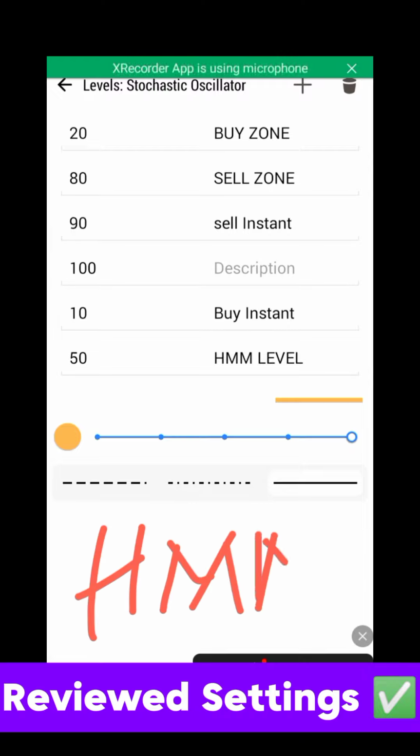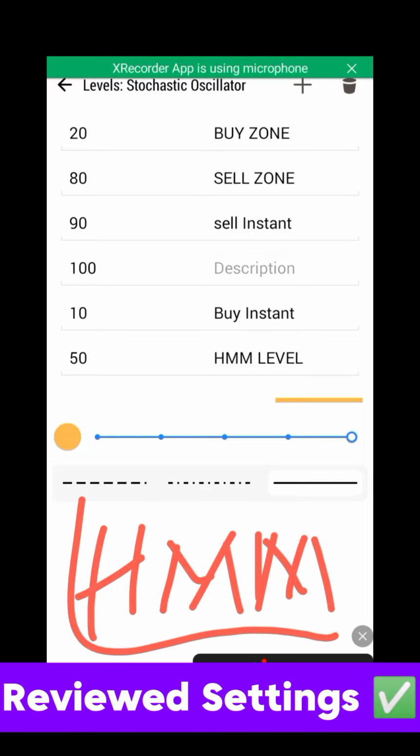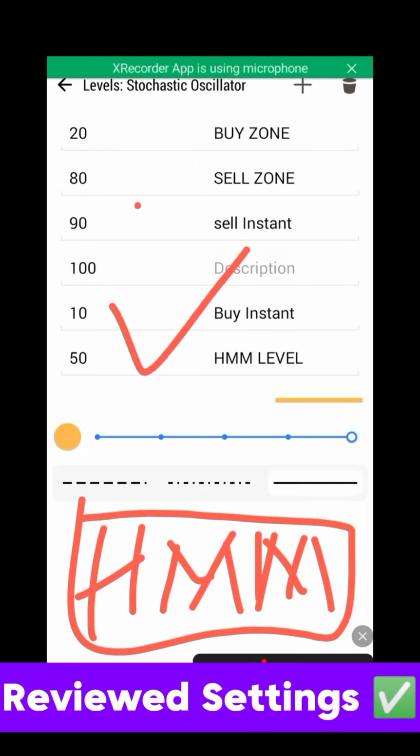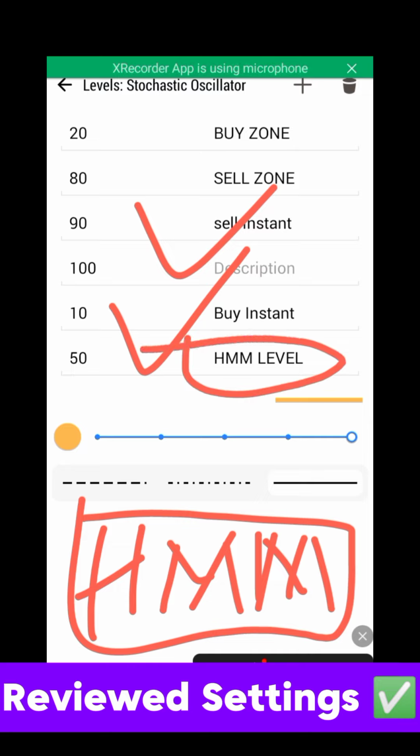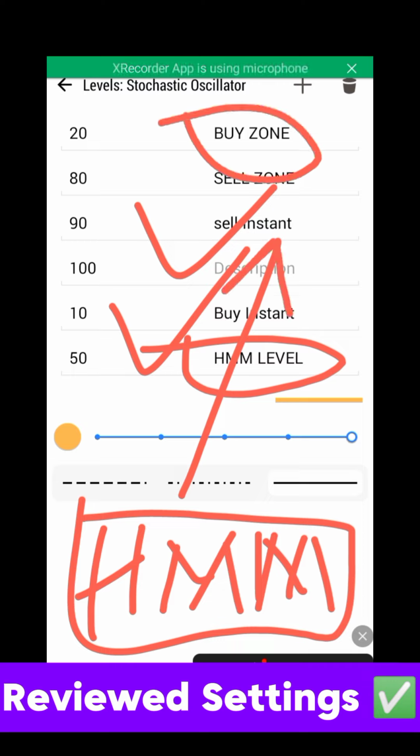That is why it's called a home level. The scalp traders are going to take profit on this home level, but the swing traders will wait for their market to break above the home level, and they will target this high sell or instant sell zone. These are the levels. So this is Boom and Crash Club.